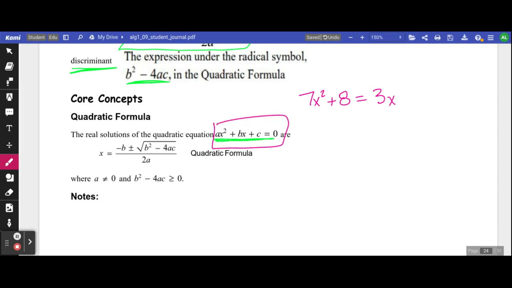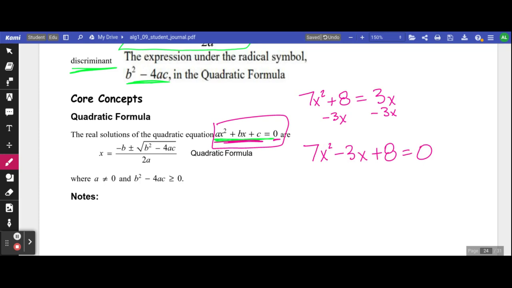It's got to be in standard form. You want all of your terms over on one side equal to 0. So you're going to have to subtract out this 3x from each side. Don't trip yourself up. The 7x squared and the 3x are not going to combine. You've got 7x squared minus 3x plus 8 equal to 0.